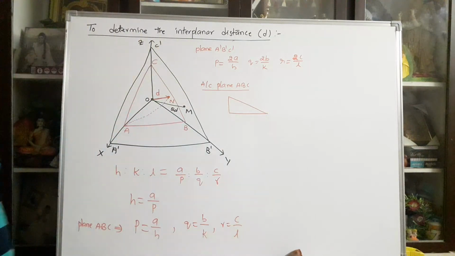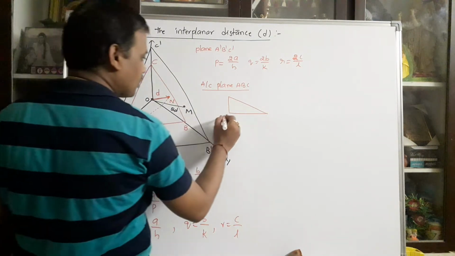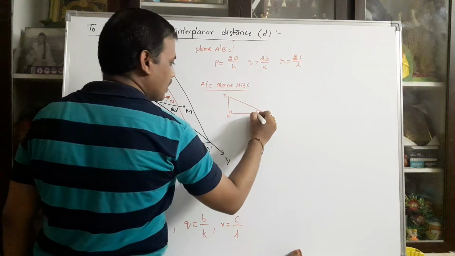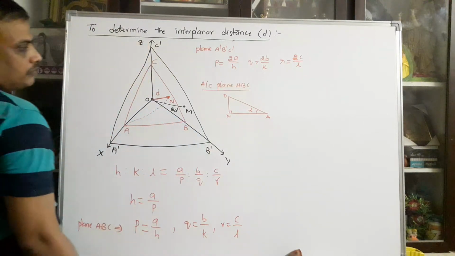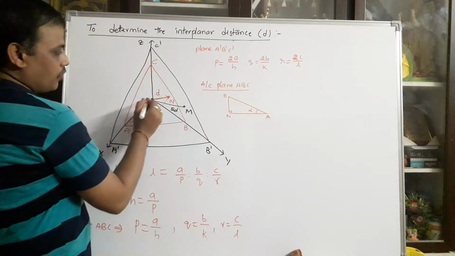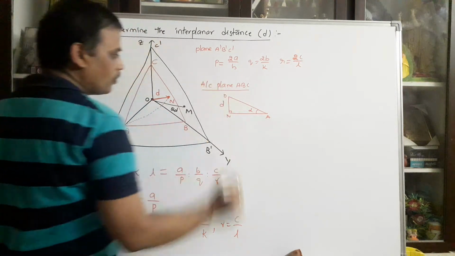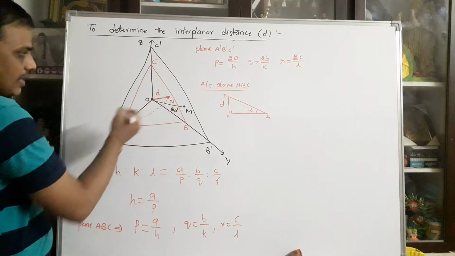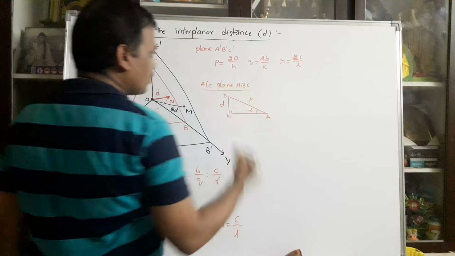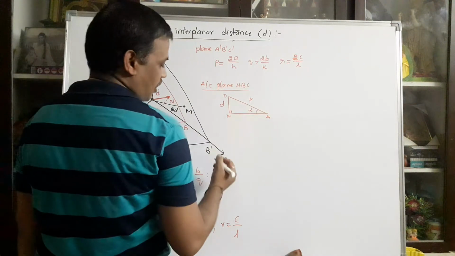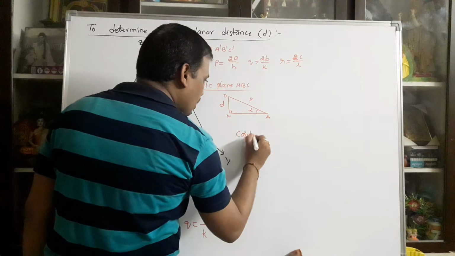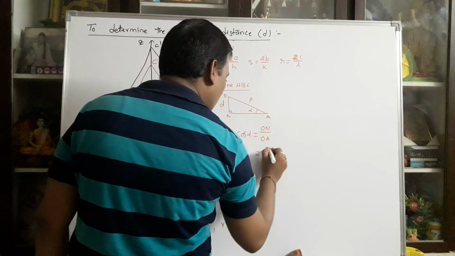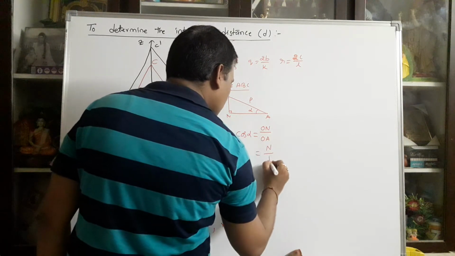At N there is a normal, and it makes an angle alpha at O. From this we know the ON distance is d, and OA, the intercept along the x direction, is called p. From this triangle we can write cos alpha is equal to ON by OA. ON value is d, and OA value is p.